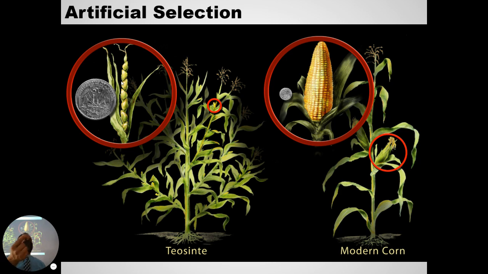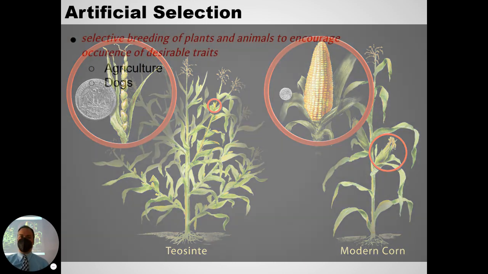And they would take the plants that had the largest fruits, breed them together, grow the offspring, and do that again and again until eventually they are producing these very large fruits that we call corn today. And so humans have done this with all agriculture. All plants, all vegetables that we eat are a product of this process called artificial selection.